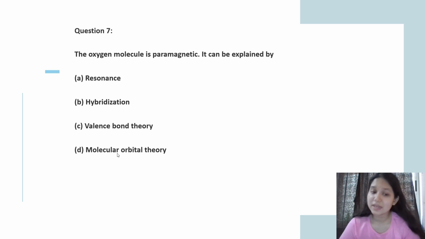Valence bond theory will also give us the geometry, orientation and shape of the molecules, but it will not directly tell us whether the oxygen molecule is paramagnetic or diamagnetic. So for that we will need the help of molecular orbital theory. So the option is, like he said, option D.